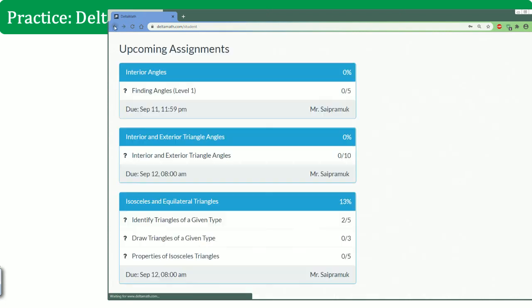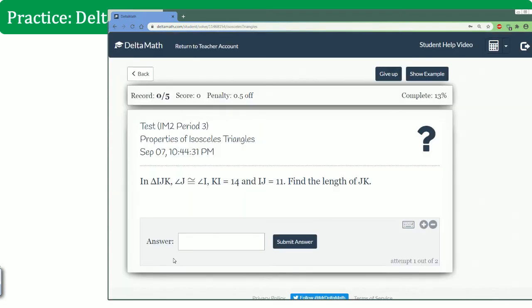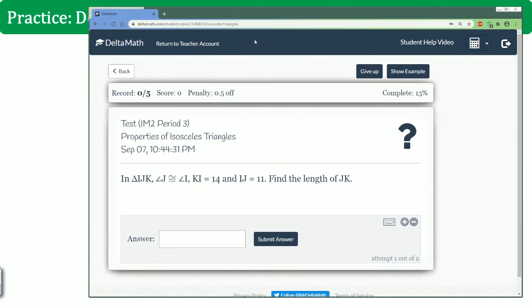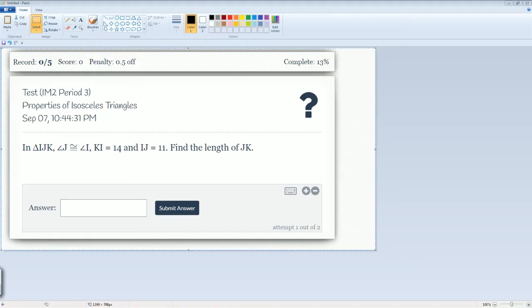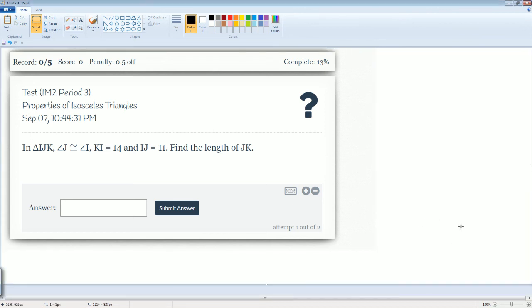All right. Now we're just going to do some Delta Math here to finish it up. It's properties of an isosceles triangle. Here you have a problem like this, but we notice that we don't actually have the picture, so we have to draw it. So I brought this up into Delta Math, and now we have to draw the triangle.